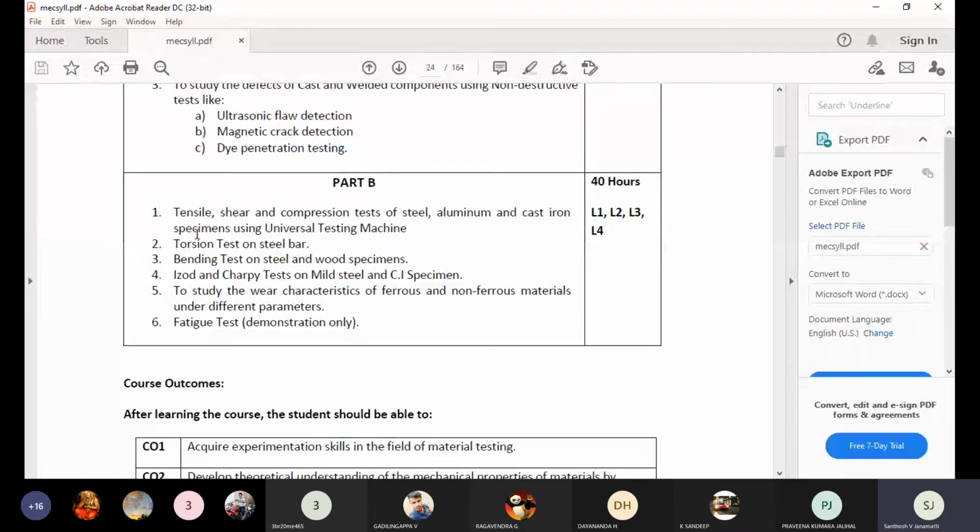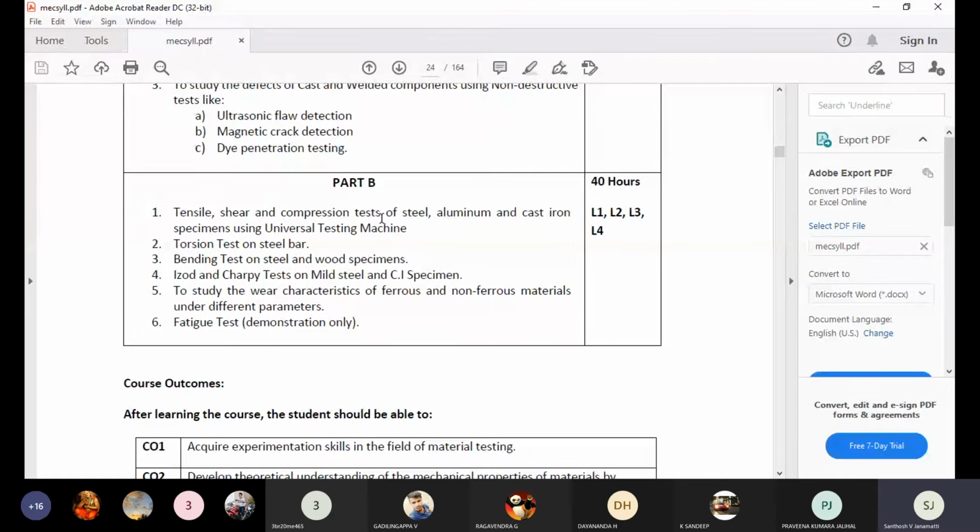For tensile test especially, shear test, in the practice lab also we will give any one of the samples. In the final examination also sometimes we will give cast iron and steel, but the tensile test is one of the major tests. We need to take all these three materials. We have to have that practice. Tensile, shear, compression, all are the major experiments.